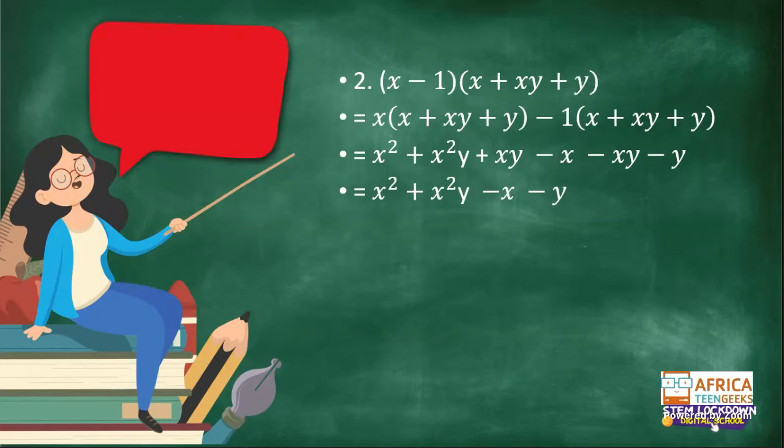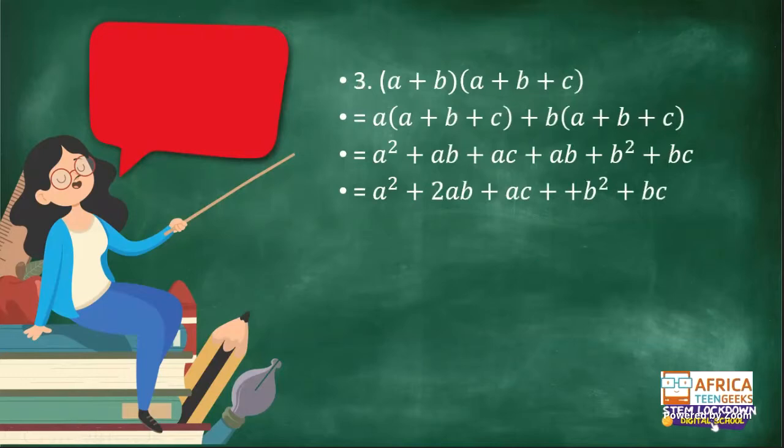So that is the next one. And of course, if you go to the third one, you do the same. You are multiplying a binomial by a trinomial. We call a plus b a binomial because of the two terms, and we call a plus b plus c a trinomial because of the three terms.